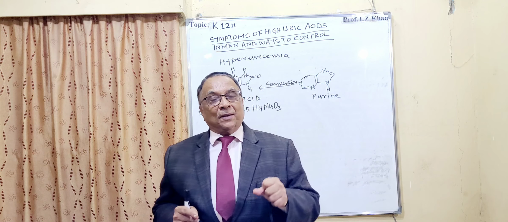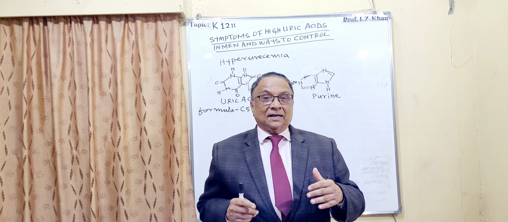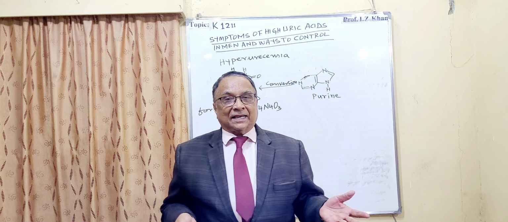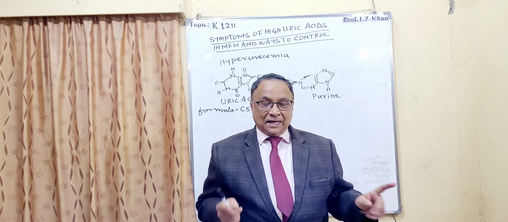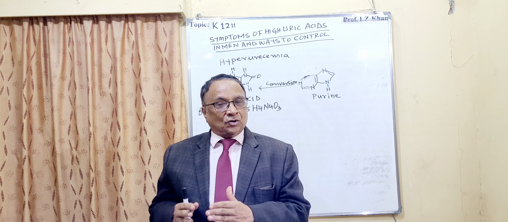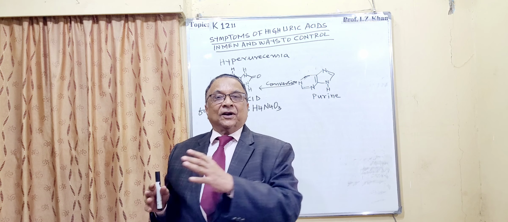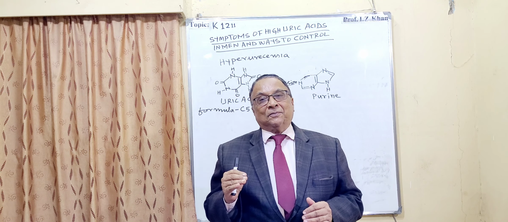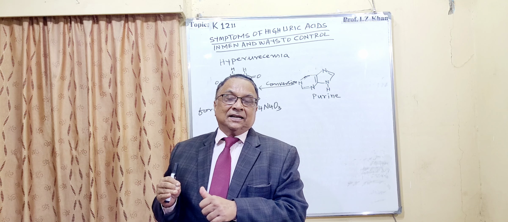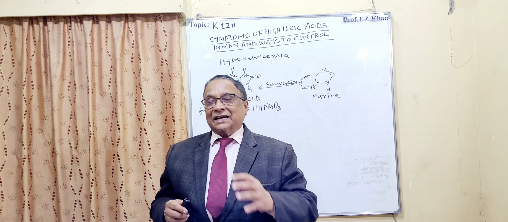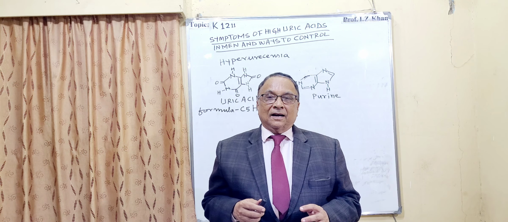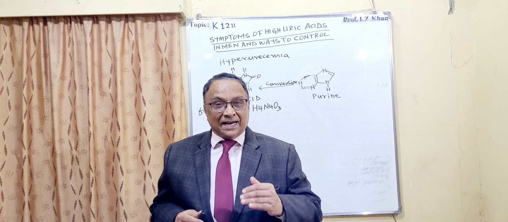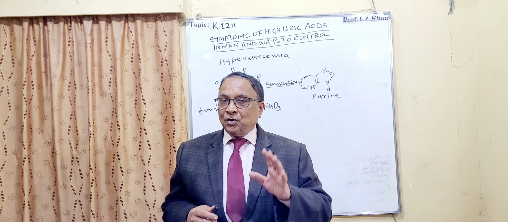So immediately you have to consult your doctor and meet the nephrologist. A urologist will take care of your urine problem. There are two groups of consultants. One is called urologist, the other one is called a nephrologist. Nephrologist means nephron, how the inside anatomy of the kidney is. He will try to understand the filtering capacity of your kidney, why a lot of uric acid is retained in your blood and in your tissue.